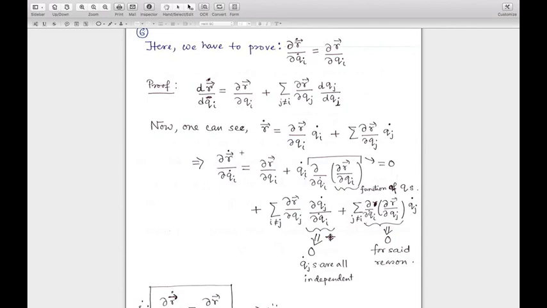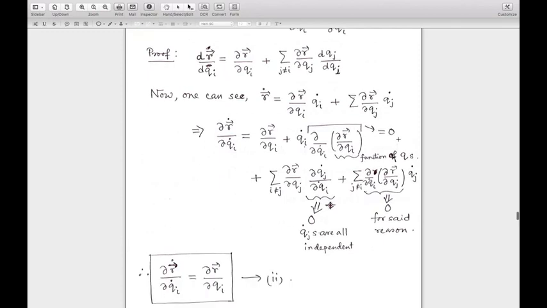Now you can see that r dot can simply be written as dr by dt, and that can also be expanded in terms of the qi's, so dr by dt can be written as del r by del qi times dqi by dt plus the summation over j, again j not equal to i, of del r by del qj times dqj by dt, right?